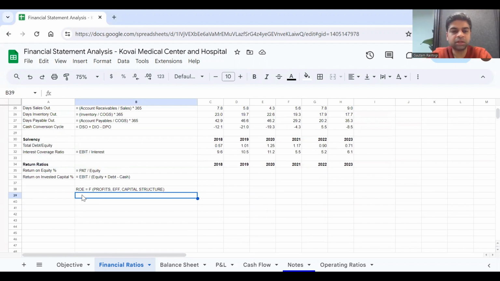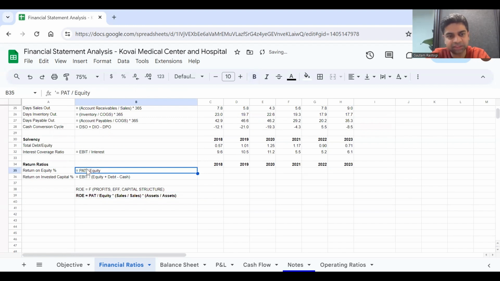So the formula is, if we just break down what is ROE, ROE is PAT divided by equity, and then let's multiply it by sales divided by sales itself, and then multiply it by assets divided by assets itself. So this gives us the same thing, because sales divided by sales, assets divided by assets.